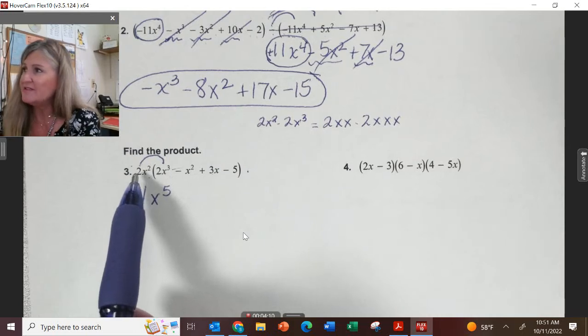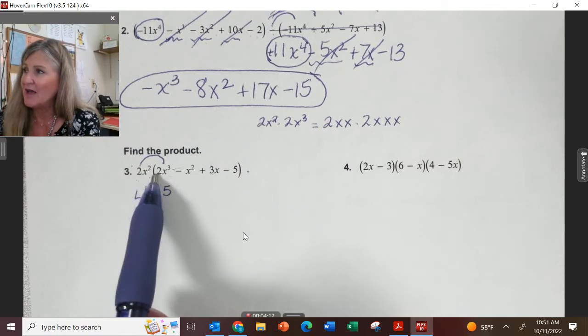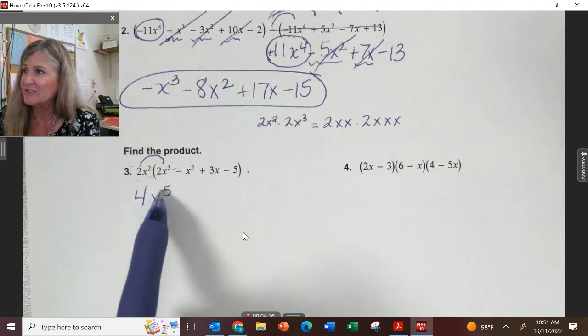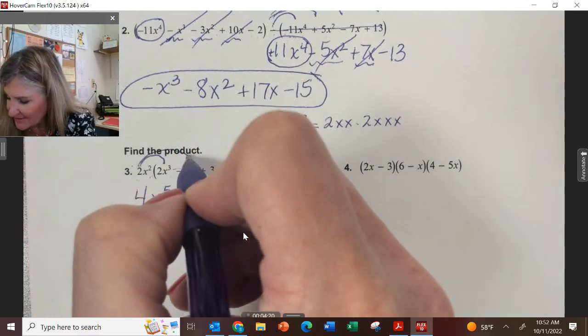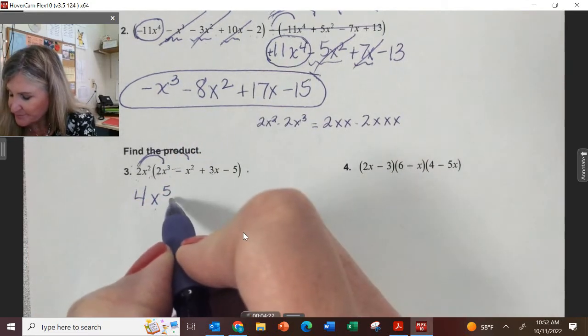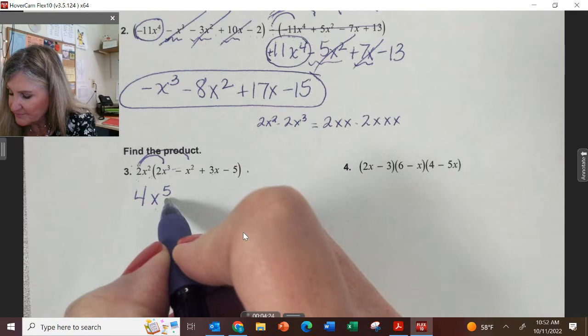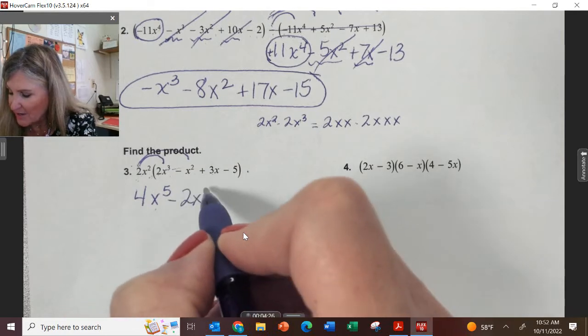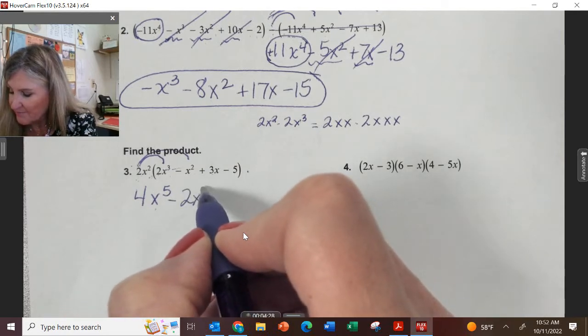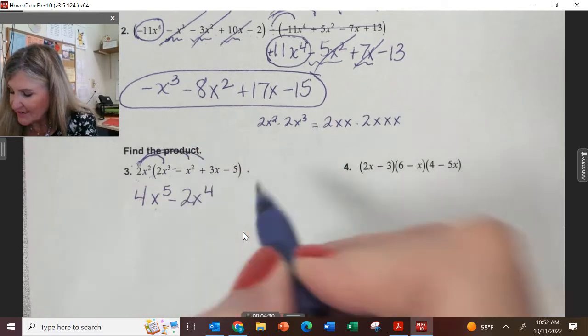So the rule is these numbers get multiplied, but when I have like bases, I add the exponents when I am multiplying. So what's the next term going to be? Minus 2x to the what? Fourth. What's the next term going to be?